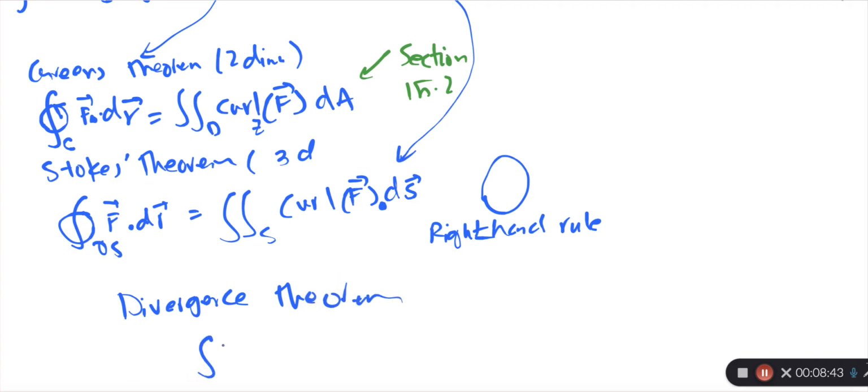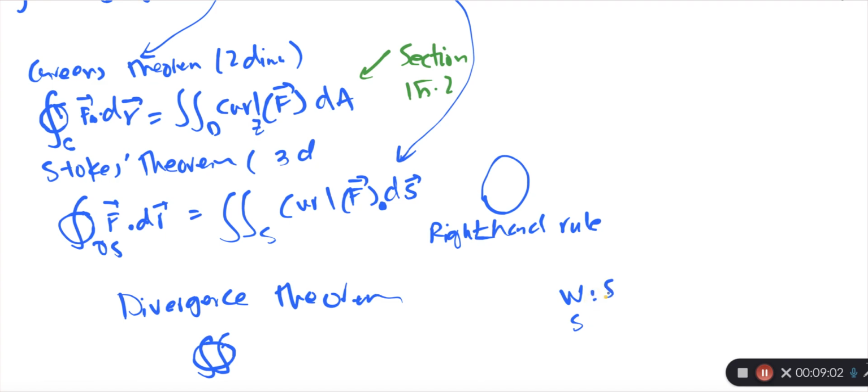It says that the surface integral, and I'm going to use the contour symbol again because you're thinking about a solid, W, and you're thinking about the surface that encloses that solid.